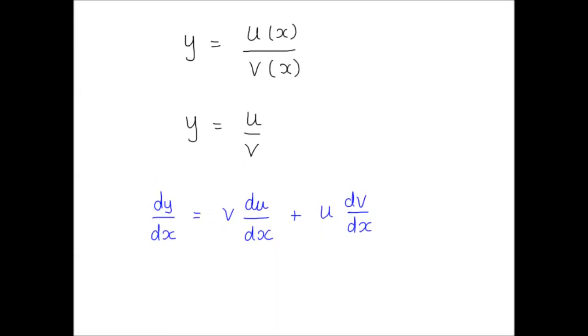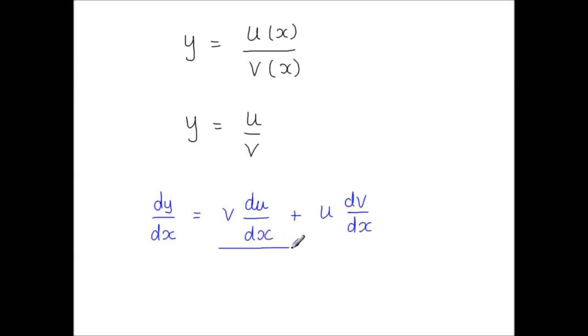Okay, so y is equal to u of x, so some function u of x divided by some function v of x, and we can simplify that to just u over v. Now the product rule for differentiation was this, and to modify this into the quotient rule, what you're going to do is this.